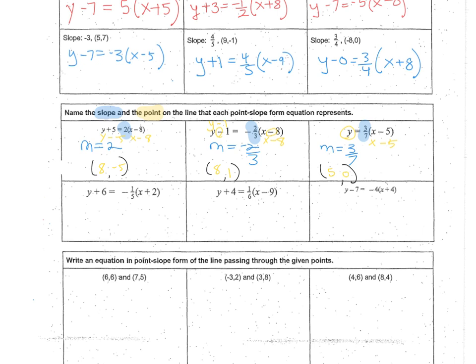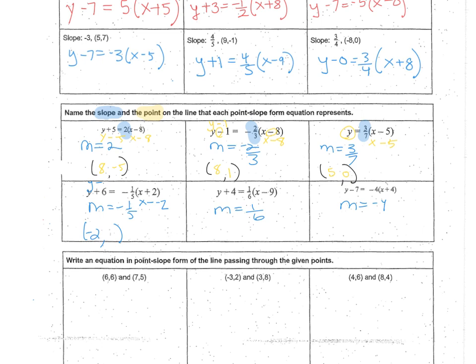So go ahead, take a second, pause the video, and try the next 3 problems. When you go to check your answers, the slopes are pretty easy to identify between the equal sign and the parenthesis. Let's look at our points. This would be x minus a negative 2. That's what made that an x plus 2.